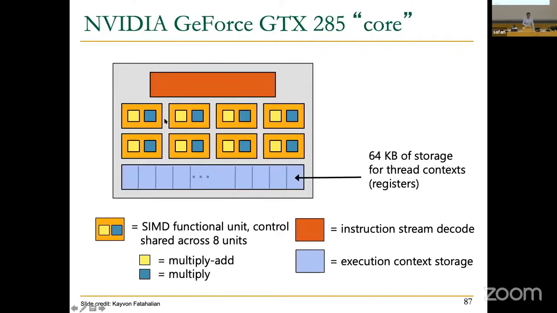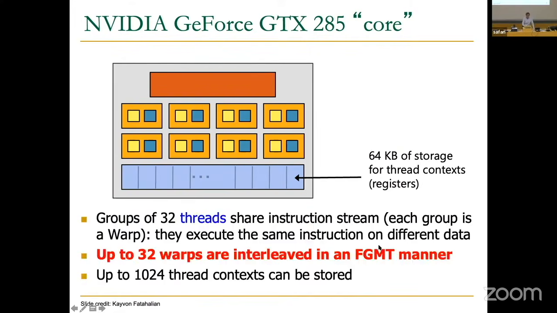You can take a look at this core, which has 8 SIMD functional units. You can see that it requires a lot of registers, actually 64 kilobytes of registers. And then there's the memory hierarchy, as we will discuss starting tomorrow. But you can see the SIMD functional unit. It can do multiply and add, etc. Essentially, their warp size was 32 threads. They were able to group 32 threads to share an instruction stream.